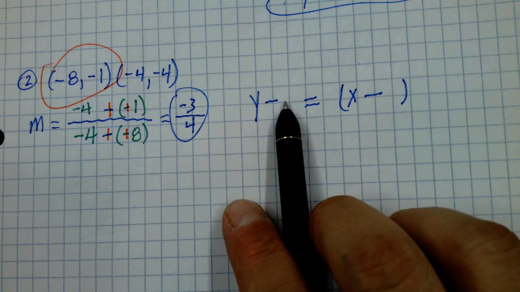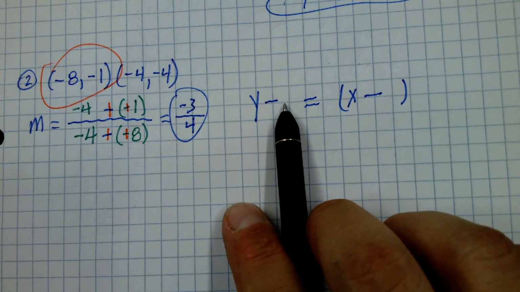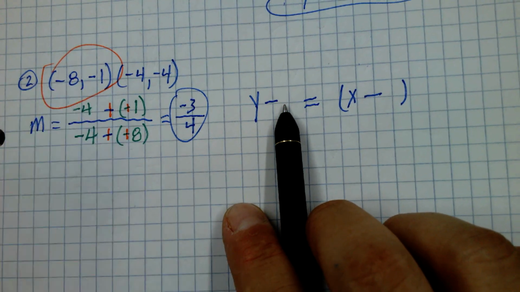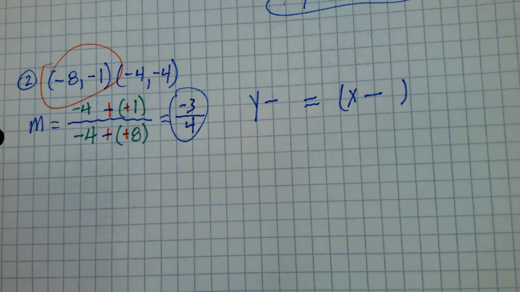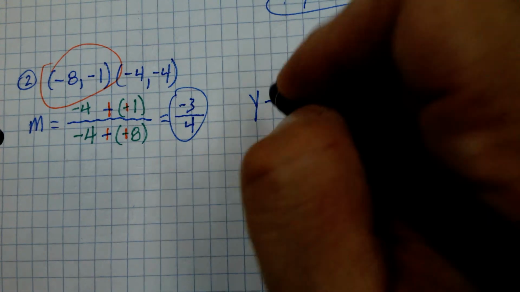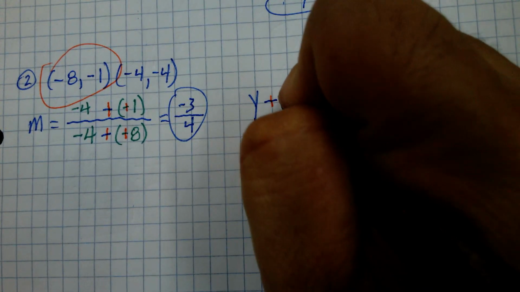Okay, can you tell me, please, somebody, what number goes behind the y minus? We're using negative 8, negative 1. Negative 1. Now, there's something that we have to take care of. This is negative, and we're putting it next to a minus. It turns into plus. It doesn't become y minus 1. It becomes y plus 1.